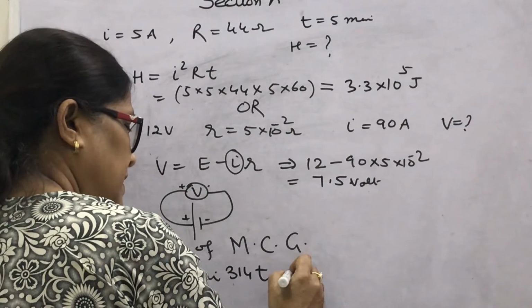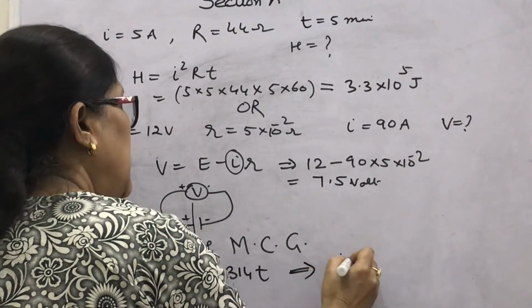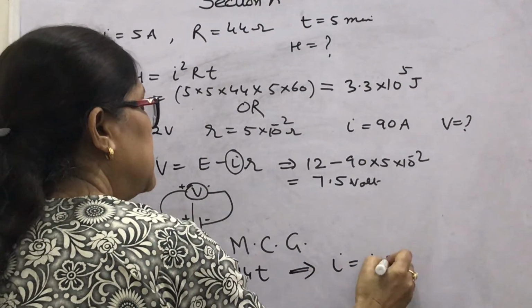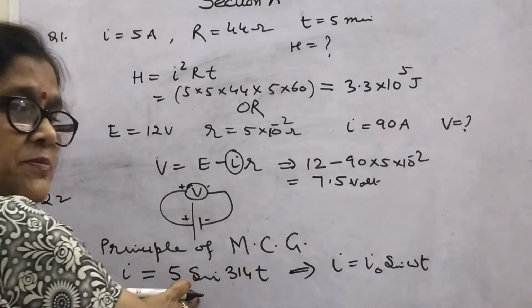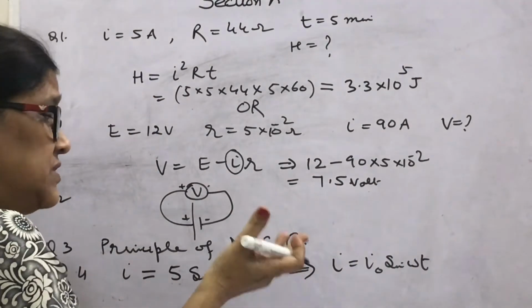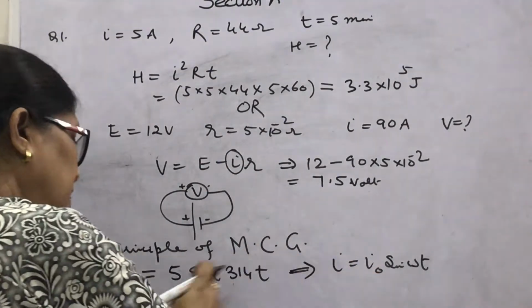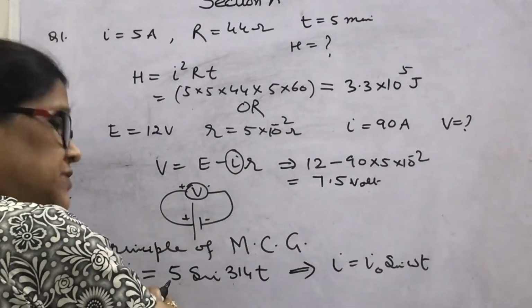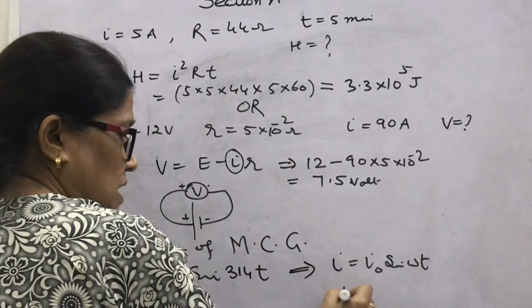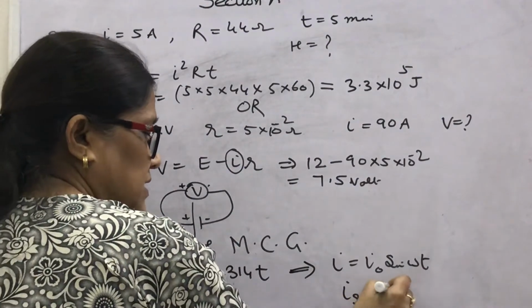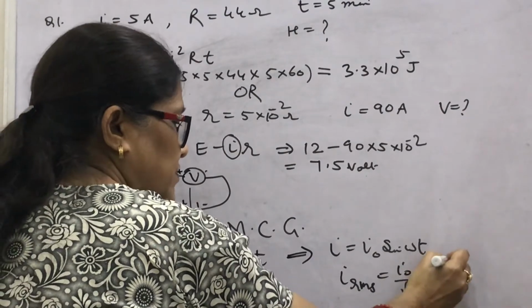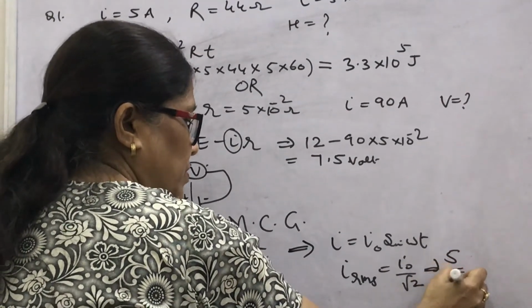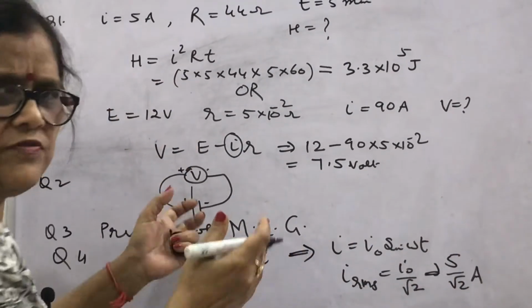What we have read here is that I is I naught sine omega t. Then compare these two expressions. I RMS is asked. What is known here by comparison? I naught is 5. Then what is I RMS? I RMS is I naught upon root 2. That is 5 upon root 2 ampere. So in this way, it is a 1 mark question.